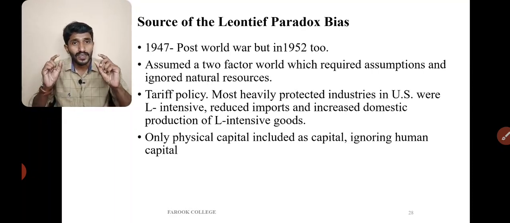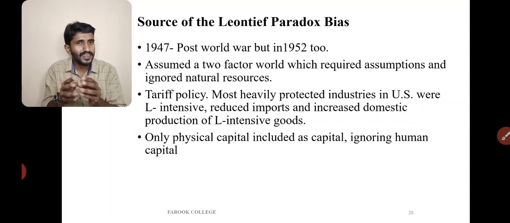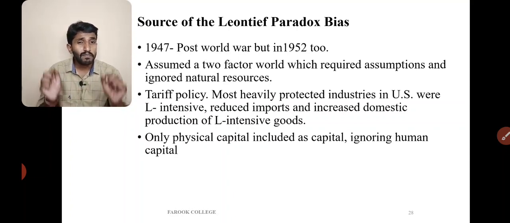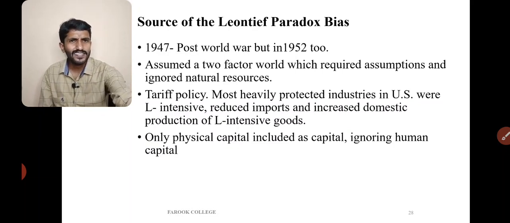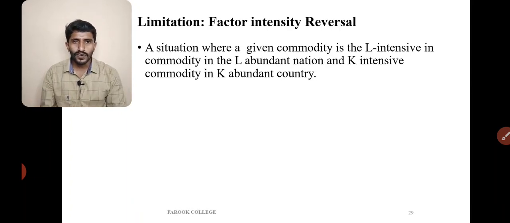That's why it is important to consider human capital. But here only physical capital is included. That might be the reason for this Leontief paradox bias. Okay, so these are the different explanations of why there is a paradox. So this is all about the Leontief paradox.